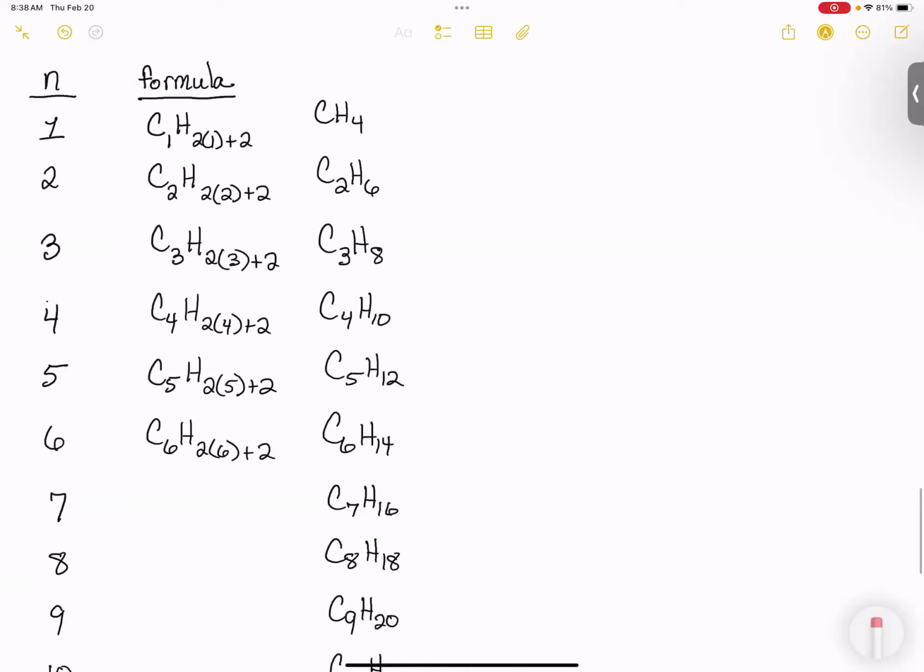Okay, naming these. The first 4, I hate to say it, but you just got to memorize. After those 4, then it gets easier. The simplest alkane is known as methane.